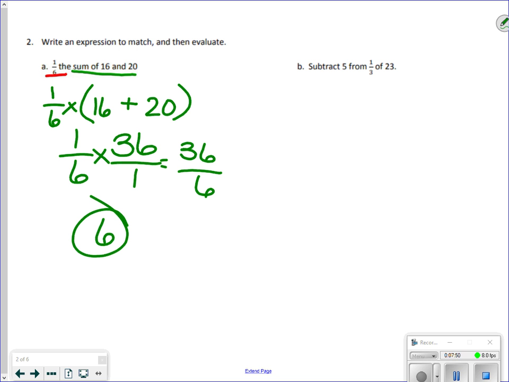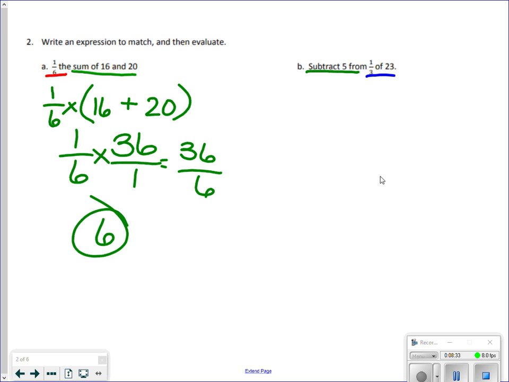Okay. Subtract 5 from 1/3 of 23. So the first part, I am subtracting 5 from something. What am I subtracting 5 from? 1/3 of 23. So is my 5 going to go in the front of the problem or in the back?